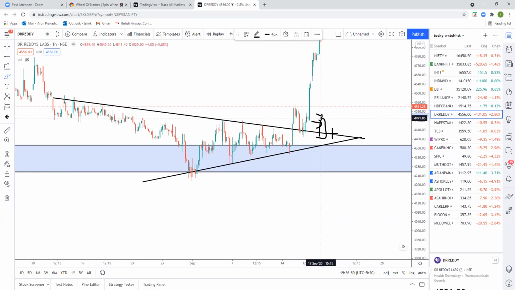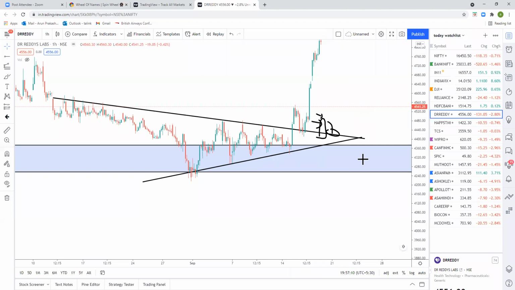I will wait for a small retest and I will enter. Or if you had entered here, let's say this candle low is here. Now you keep your stop loss either below this candle low or below 50%. Okay, got it. Yeah, thank you.